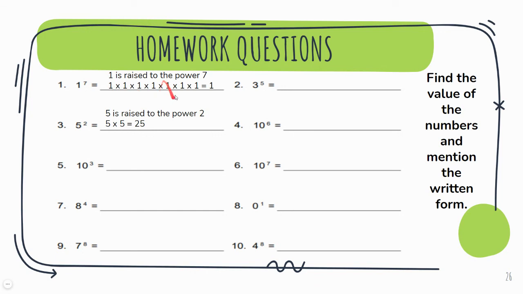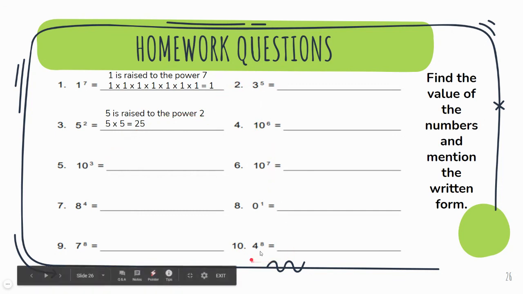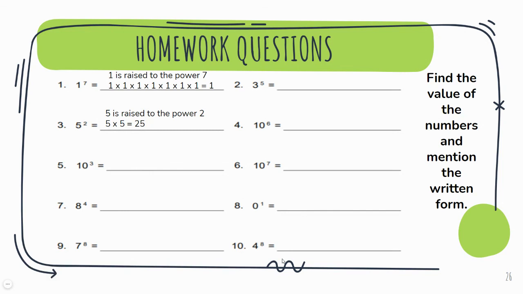And if I multiply it, I get the answer as 1. In the second question, I have 5 is raised to the power 2. So I will multiply 5 2 times: 1 time, 2 times. So 5 fives are 25. Same way, you can try the rest of the questions and find the answers. Please pause this video and write this in your notebook.